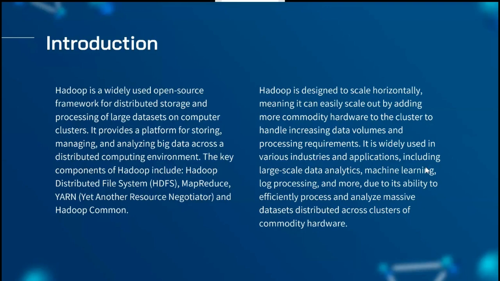What makes Hadoop stand out is its ability to scale horizontally, which means that as your data grows, you can simply add more standard hardware to the cluster, ensuring you can keep up with increasing volumes and processing needs. Hadoop is widely used across various industries, from large-scale data analytics to machine learning and log processing, because it can run on affordable hardware.